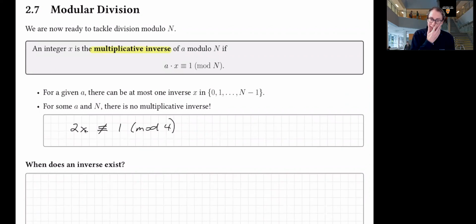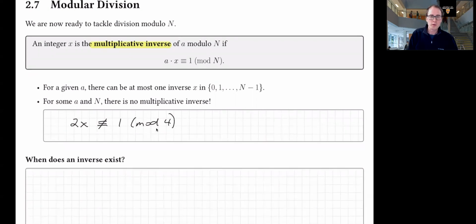Right, plug in x equals 0. On the left-hand side, I get 0, which isn't equivalent to 1. If I plug in 1, I get 2. Another way, quickly stating it without plugging in 0, 1, 2, 3, is that the left side's always even and the right side's always odd, right? Even mod 4 keeps the left side even. So there's no solution to this equation.